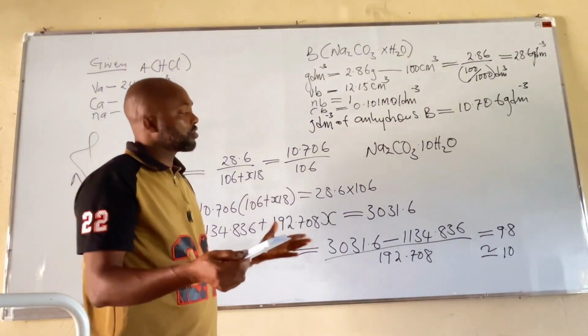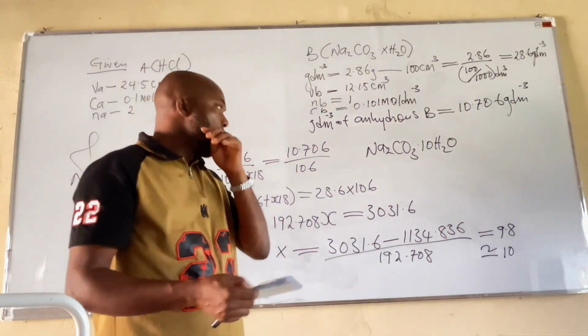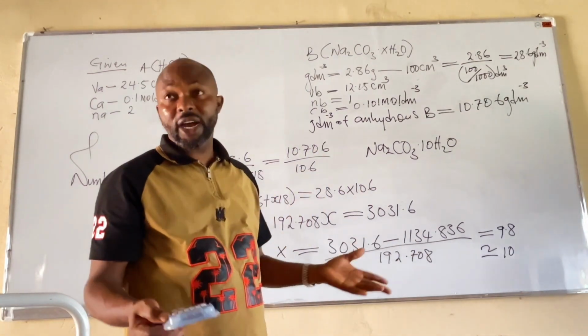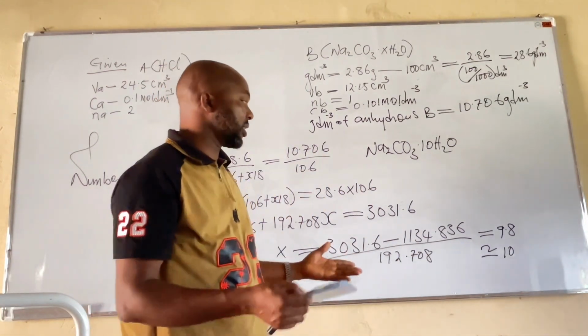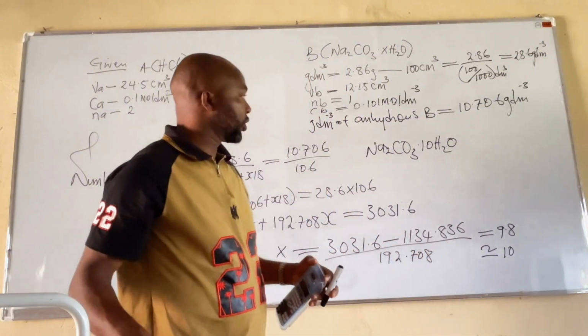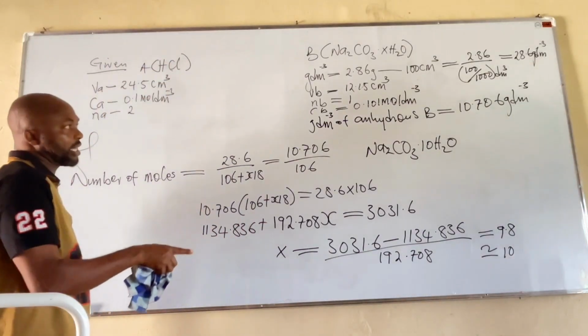So if that is true, that which we've gotten right now, we should calculate the percentage. We will know officially that the percentage of water of crystallization will be very high, above 60, if not mistaken, because we got 10 moles. So let us implement that to get the percentage of water of crystallization now.